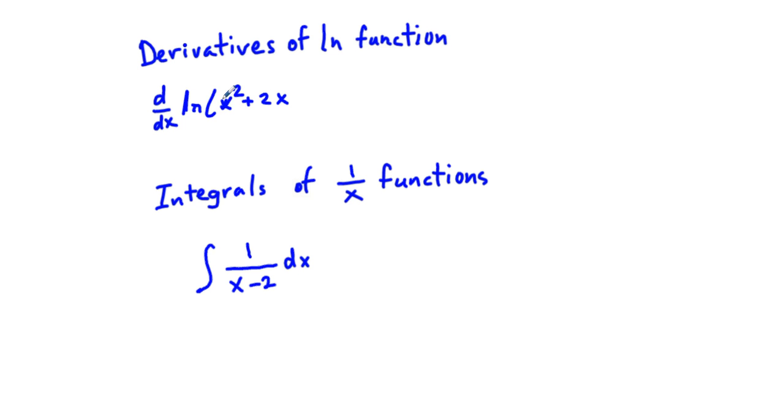The answer, the derivative, is the derivative of the top, in this case 2x plus 2, over the original. So derivative of the original over the original, that's going to be the derivative of a logarithmic function.